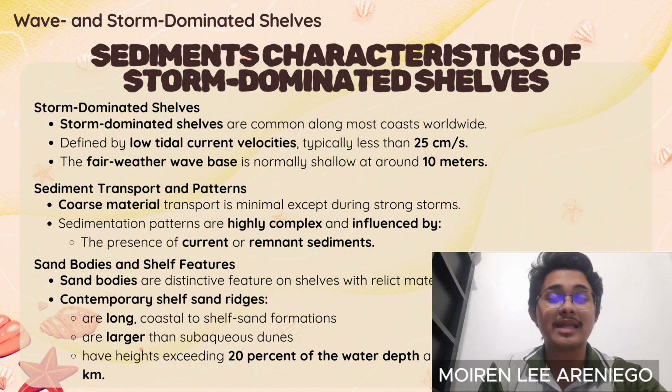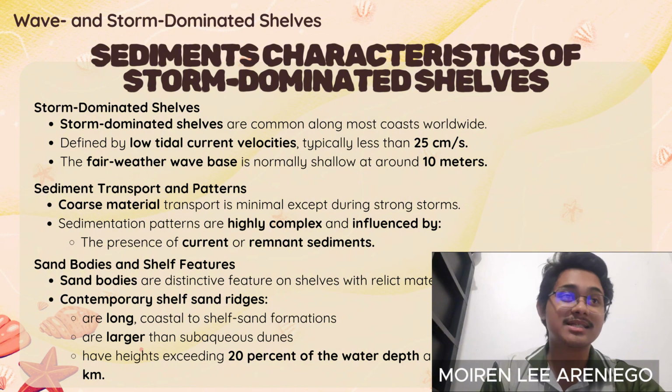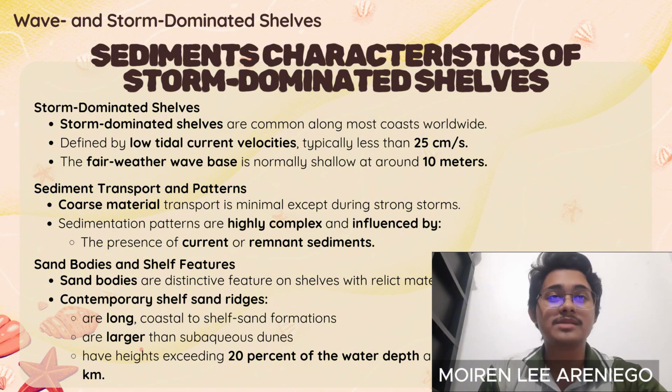They are defined by their low tidal current velocities, typically less than 25 cm per second. The fair weather wave base is normally shallow, more likely 10 meters. Due to these characteristics, except during strong storms, not much coarse material travels on these shelves.